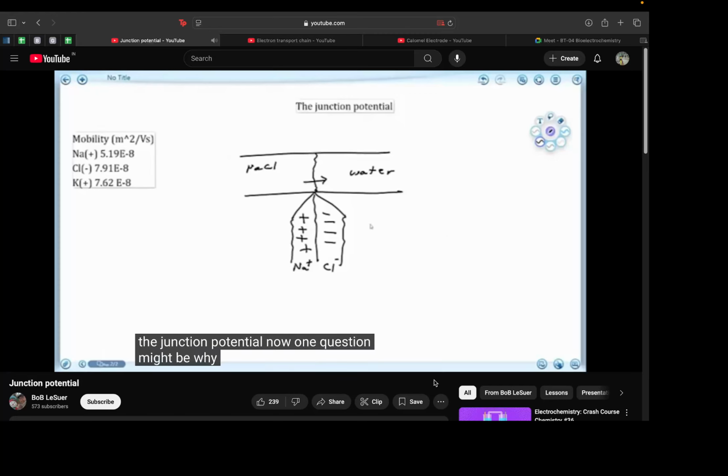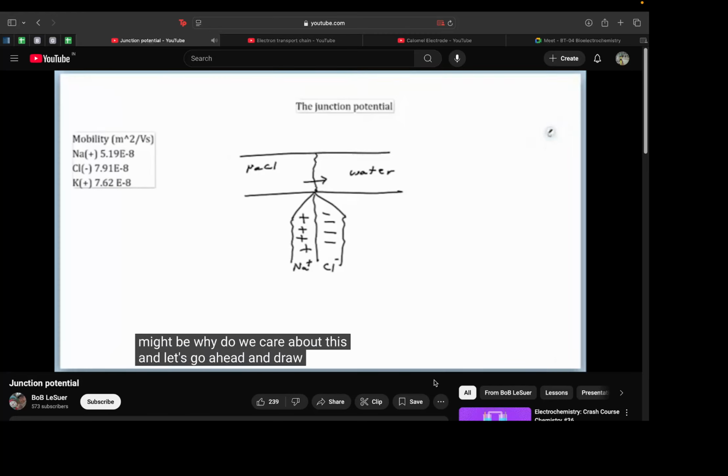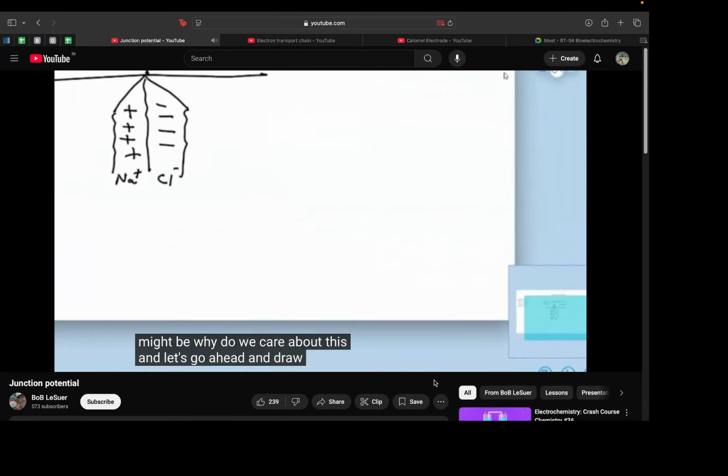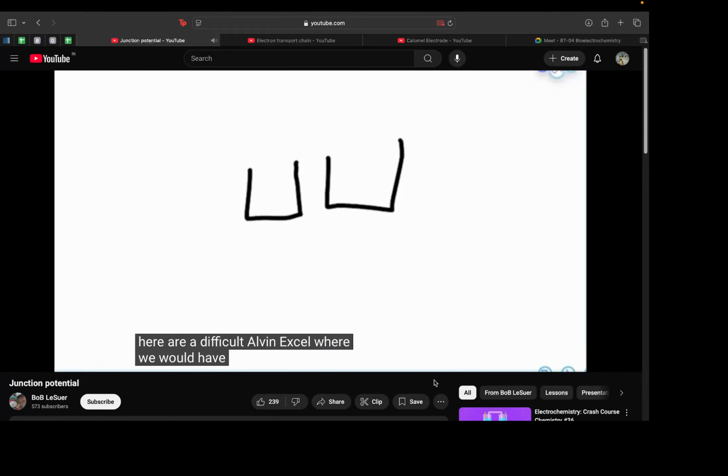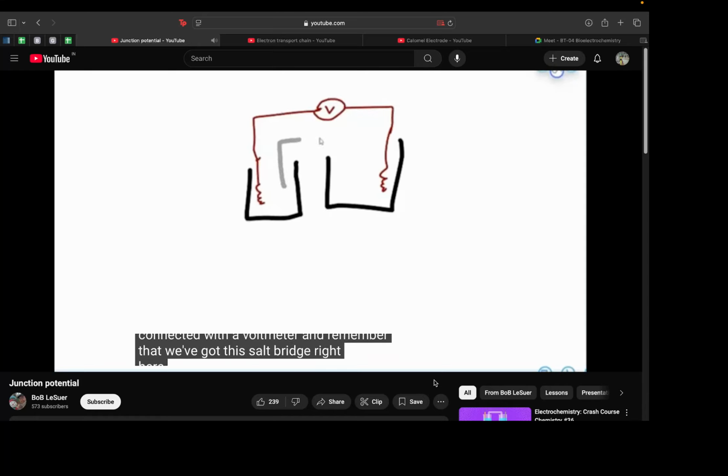Now, one question might be, why do we care about this? Let's draw down here a typical galvanic cell, where we would have two electrodes. What they are isn't important at this moment. They are connected with a voltmeter, and remember that we've got this salt bridge right here.